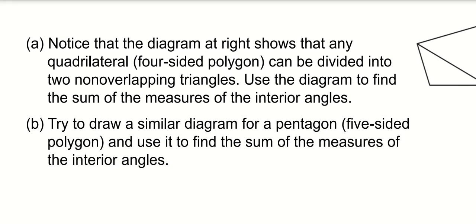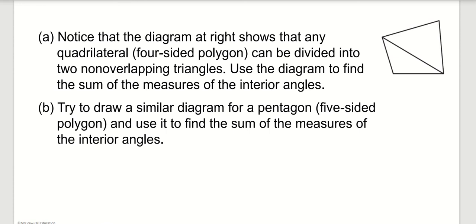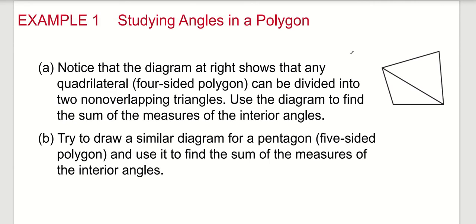The first thing we want to study is the angles in a polygon. For example, we already talked about earlier that if we add all of the angles in a triangle, it adds up to 180 degrees. If I had a 4-sided polygon, let's take a look at this shape over here.